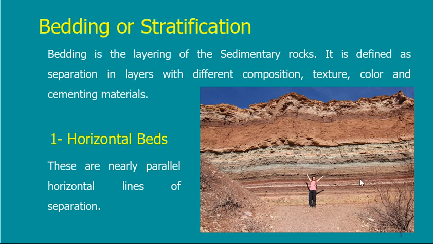So if I look at this photo, I have lots of layers here, lots of layers here. The separation between each layer and the other is called a bedding. So a bedding is the line of separation between any different layers. Any two types of soil that are different, then the line of separation is called a bedding, because each layer represents a period of time.